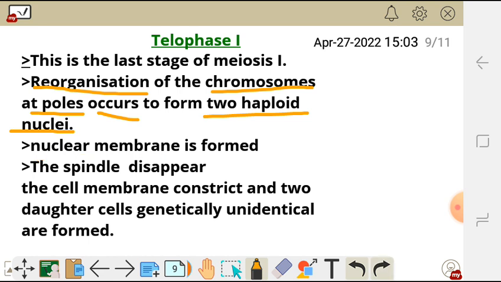The nuclear membrane is simply the membrane which covers the nucleus, and then the spindle fibers disappear. Now the cell membrane starts to constrict and two daughter cells, genetically non-identical, are formed. So that's what happens under telophase 1.